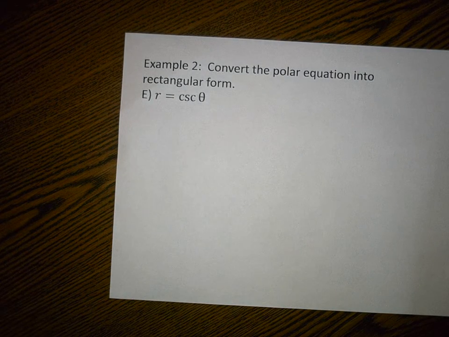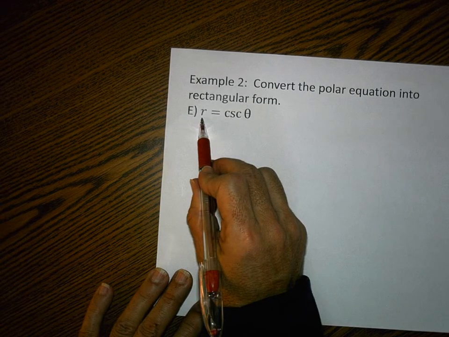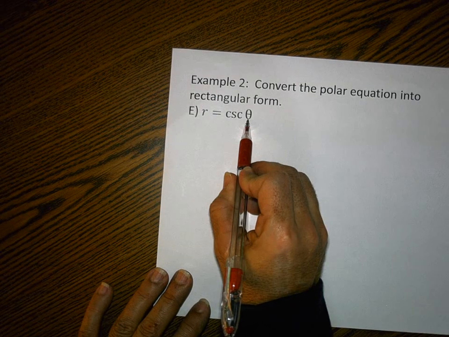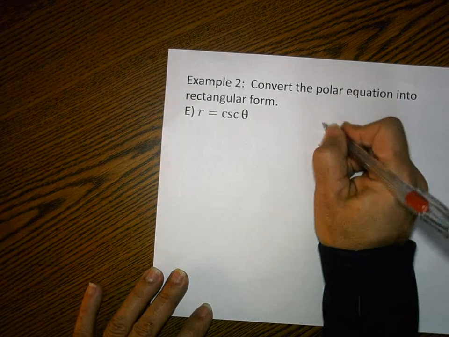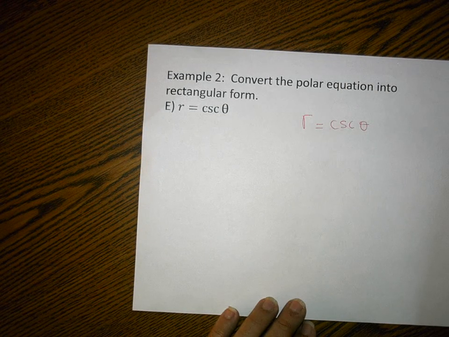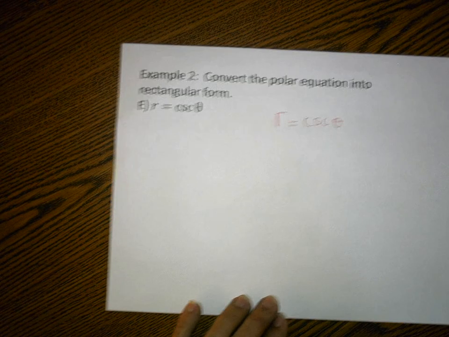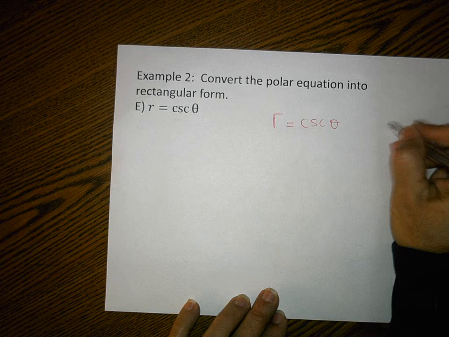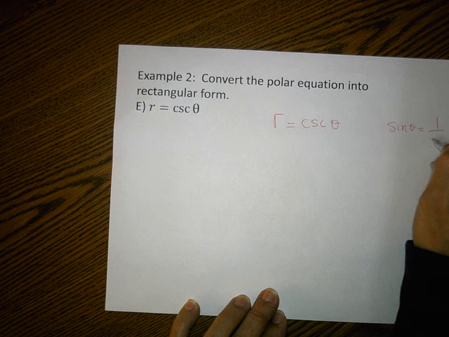My last one. If I have r equals cosecant of theta, let me rewrite it. R equals cosecant of theta. What do we know about cosecant of theta? I do know that the sine of theta equals 1 over cosecant of theta. That's all I know.